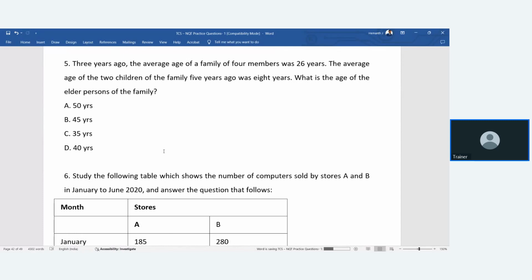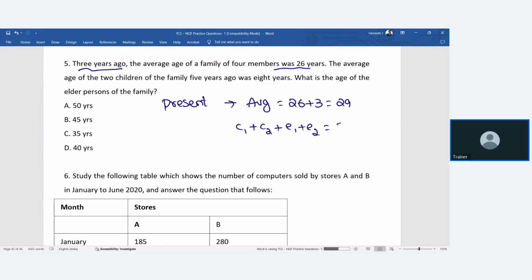3 years ago, their average is 26, which means the present average is 26 plus 3, 29. Now 2 children plus 2 elder persons is 29 into 4, which is 116.